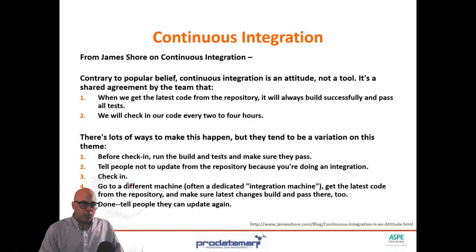Now, depending on what type of automation tool you're using to do this continuous integration, some of these steps may not be necessary. Actually, this one's good. Before the check-in, run the build and tests and make sure they pass locally, right? What happens when you do the commit and the build trigger fires off is you get documented.